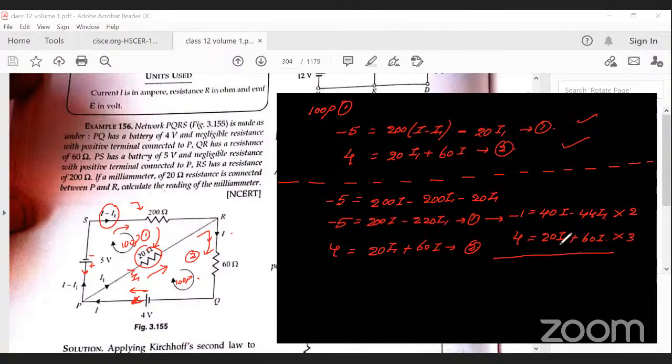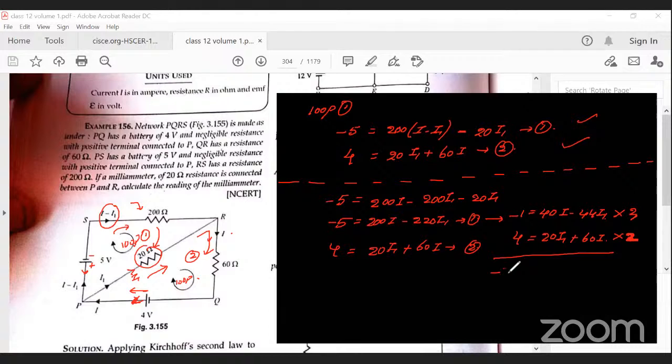Okay. So when I multiply it, what will happen? It is 120 I. Sorry, I'll multiply this by 3 and this by 2. First equation by 3, second equation by 2.